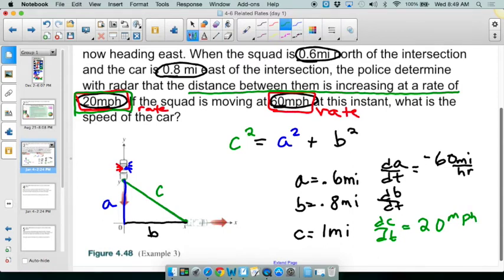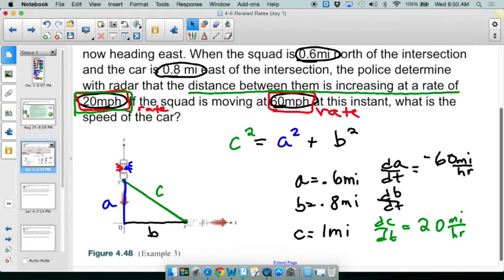I can write it like that too. I'll change it, just to be consistent. Okay, and so after we get done with all of this, what's the question really? What are we being asked to find? What is dB dt? dB dt is how this distance is changing. It's the derivative.